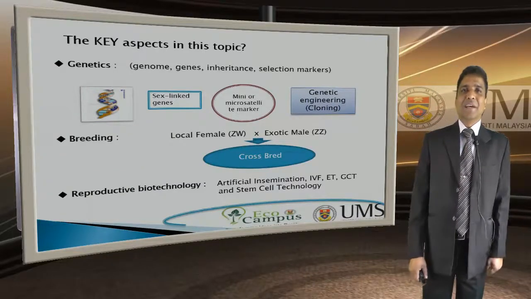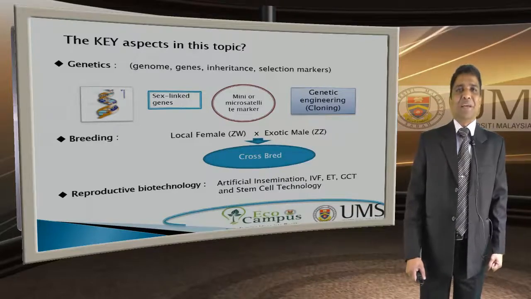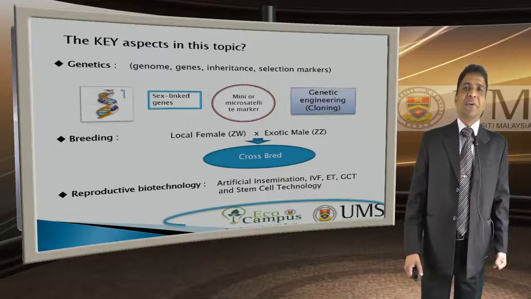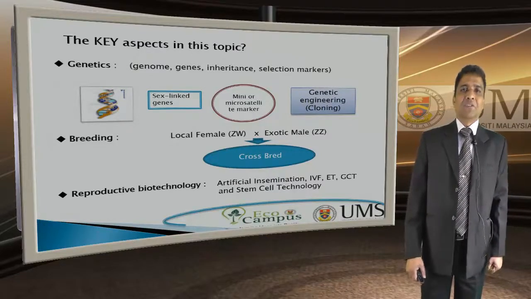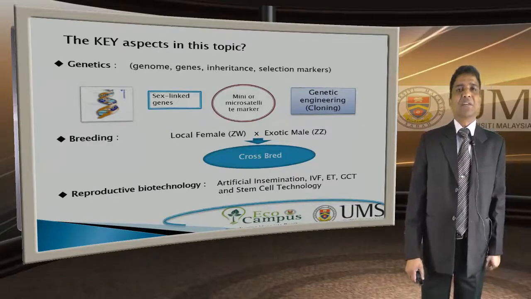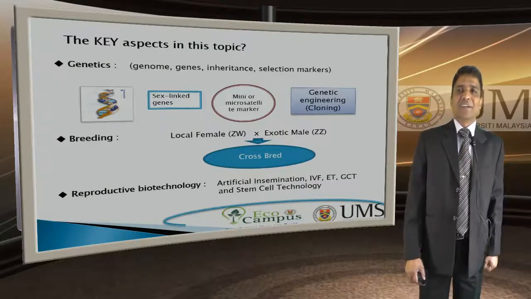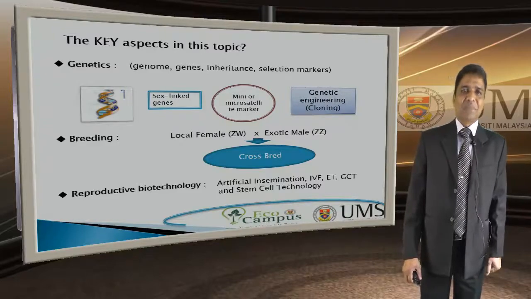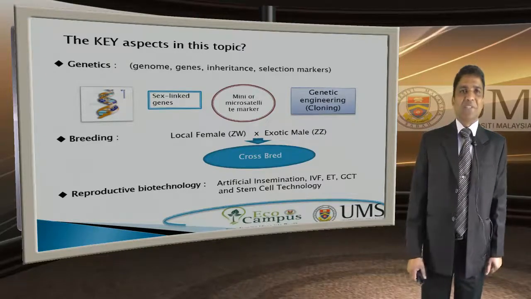Breeding means some sort of crossing, maybe inbreeding, outbreeding, species hybridization, breed hybridization, etc. And another aspect is reproductive biotechnology, using artificial insemination, in vitro fertilization, embryo transfer, germ cell transfer, or stem cell technologies.